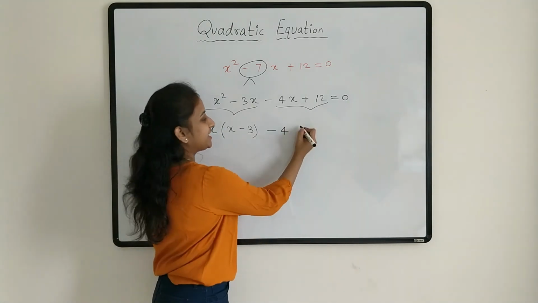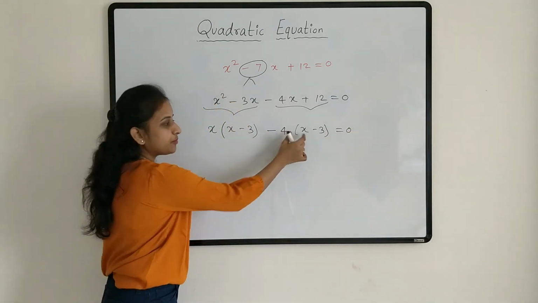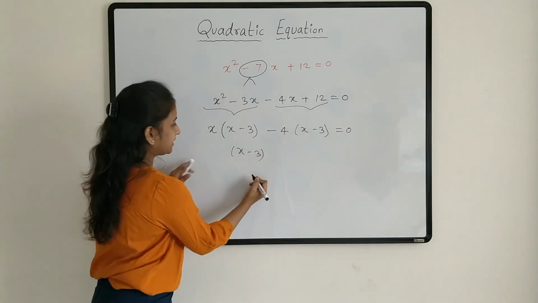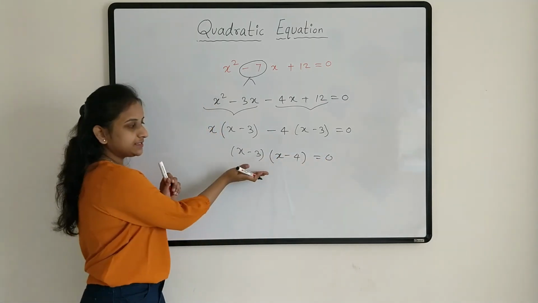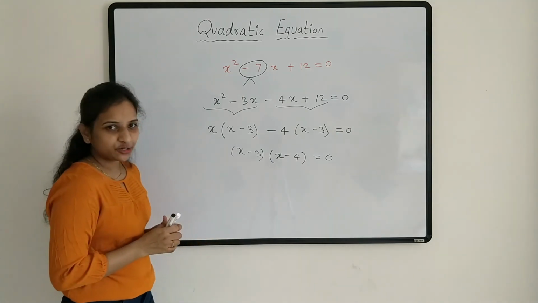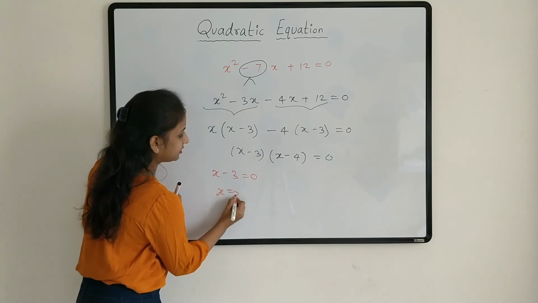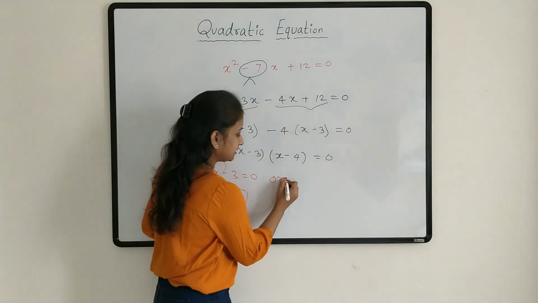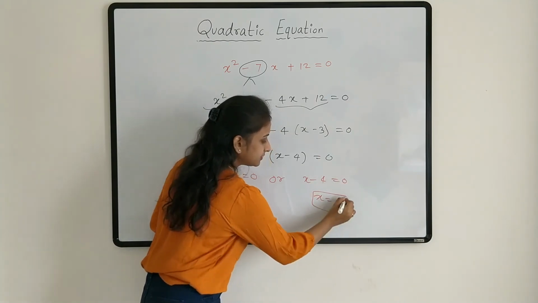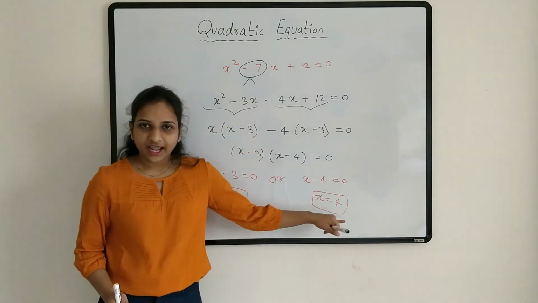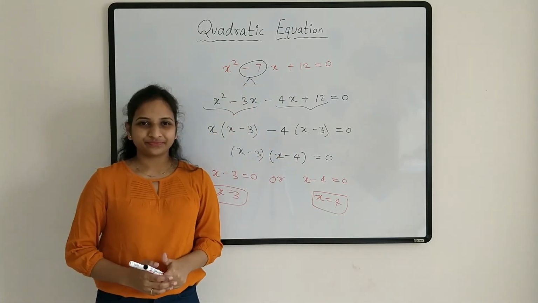Then we are left with x − 3. Again one more common factor, (x − 3), and we are left with x − 4. Either this term is 0 or this term is 0. So x − 3 = 0 means x = 3, or x − 4 = 0, x = 4. So x = 3 and 4 are the roots of this quadratic equation.